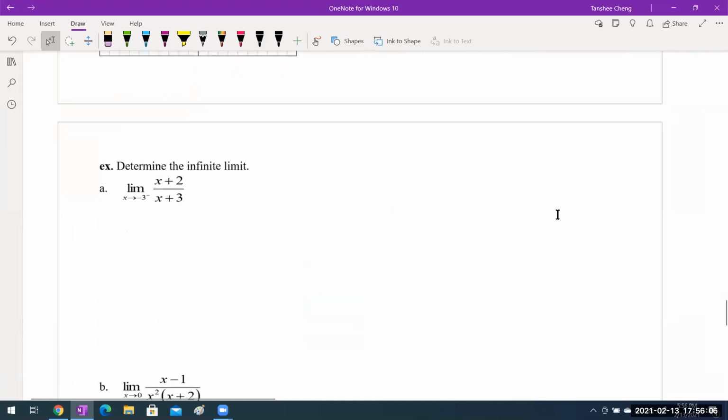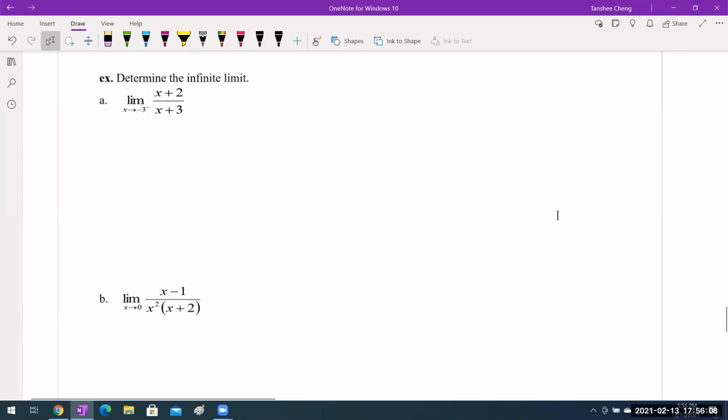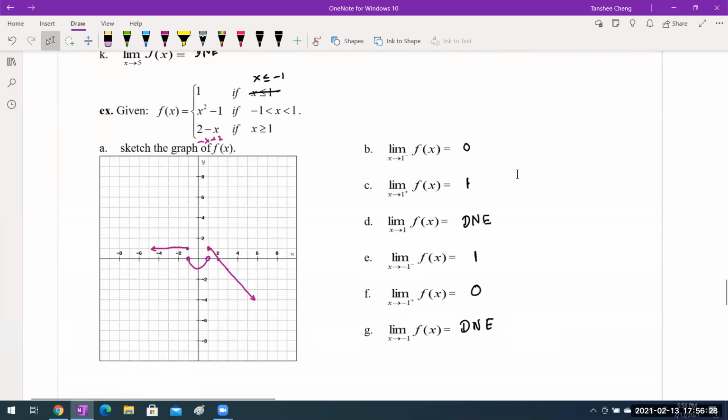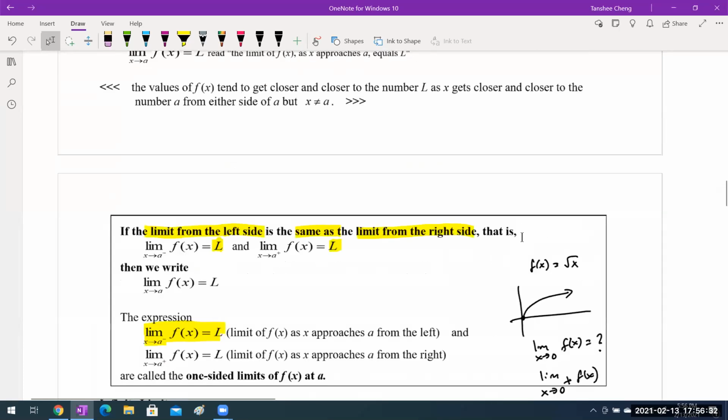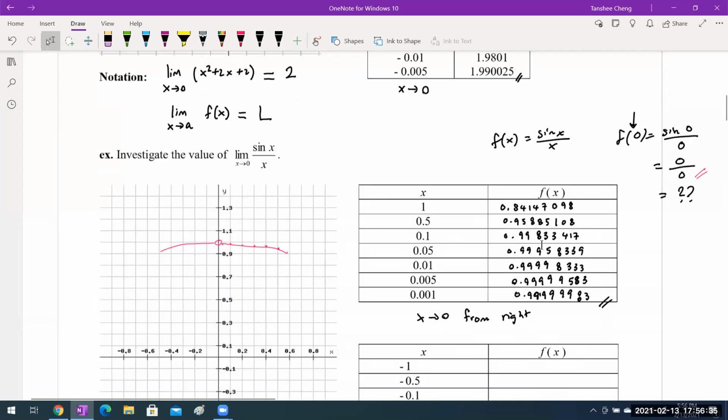So now we want to look at another type: determining infinite limits. When we are dealing with this type of problem, you definitely don't want to use the plugging in numbers idea like we did way in the beginning, which is the numerical method, because we already see that it is very shaky.